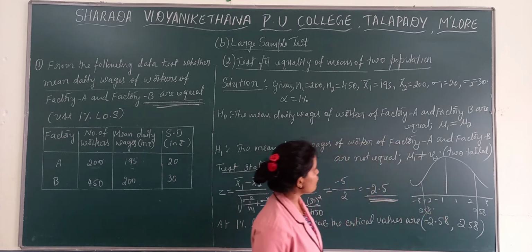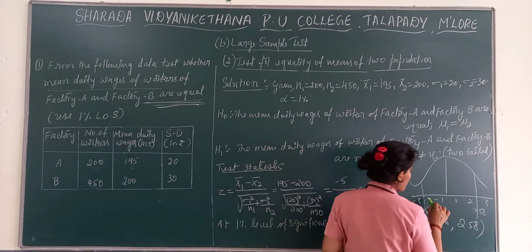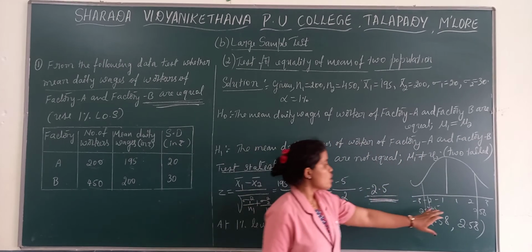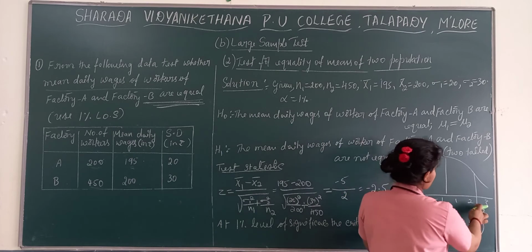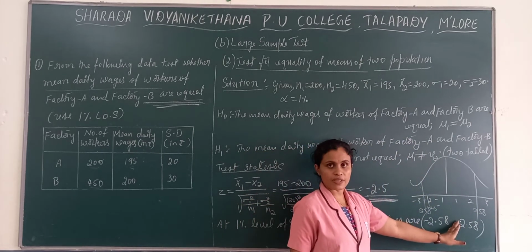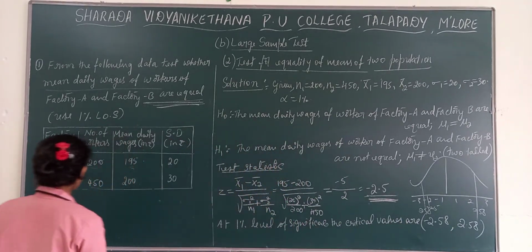But your calculated value is minus 2.5, so it will fall here. So it is within the given range, in the acceptance region, in between these two values.